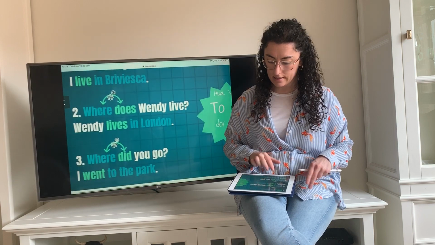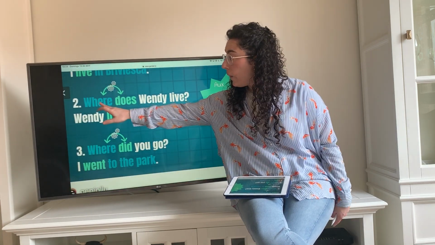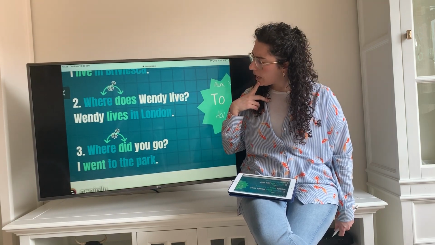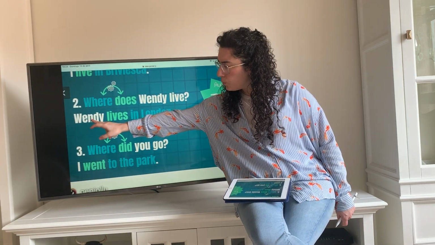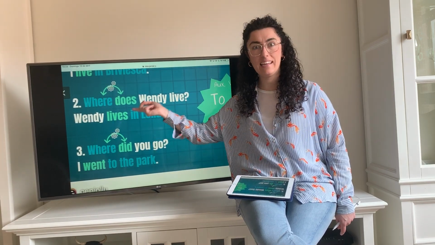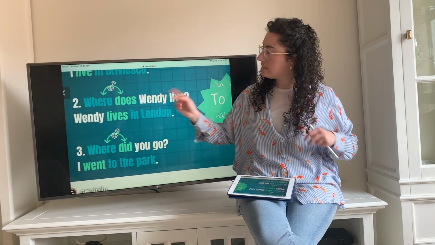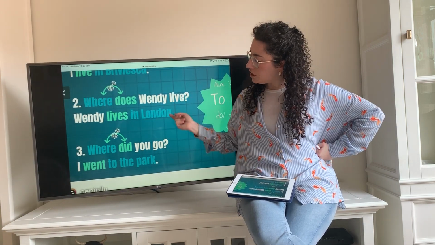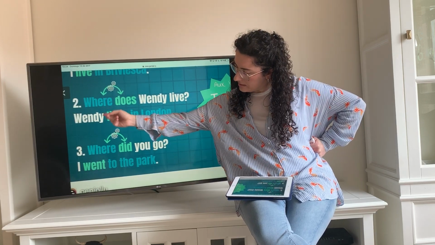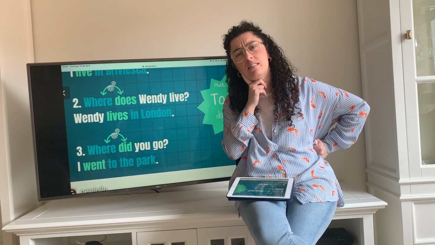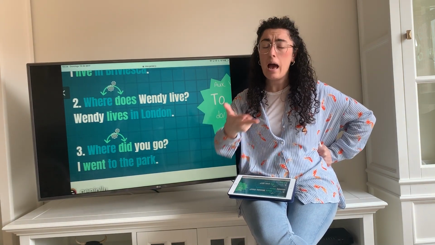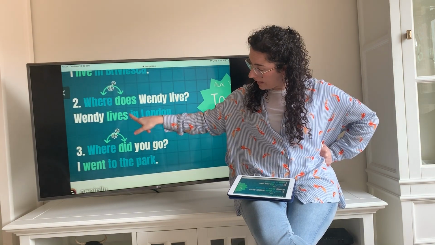Okay. Example number 2 says, where does Wendy live? We look at the answer as well. Wendy lives in London. "In London" is the place, so we are going to change "in London" for "where". Then "lives" is the verb. Is it in the present or in the past? It's in the present, but it's third person because we have an S here.